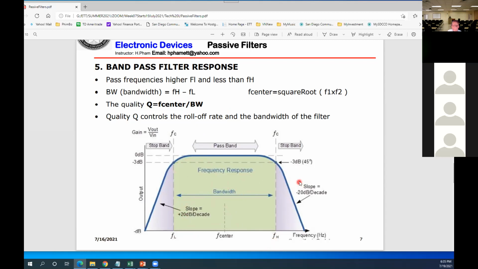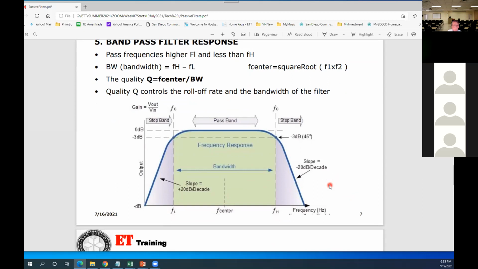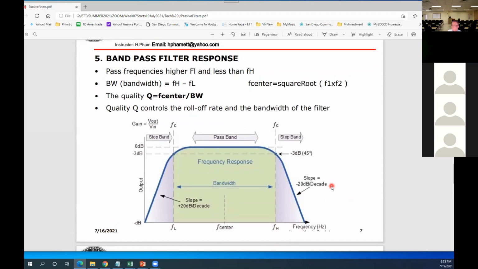Anything up to this point? F1 and F2, where are they? Those are the cutoff frequencies identified at minus 3 dB. You see, you get two points at minus 3 dB, and you understand that minus 3 dB is the cutoff. That's why you get two points.